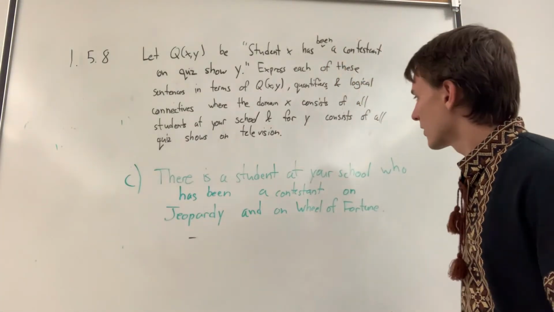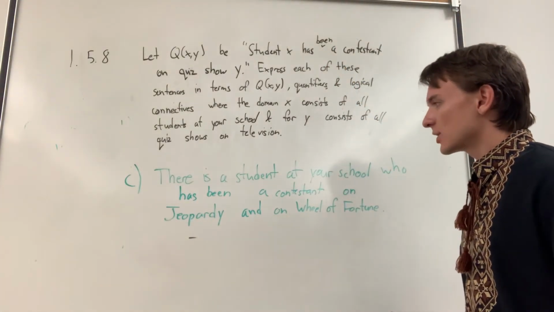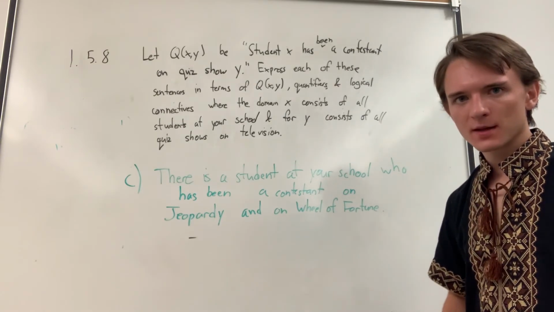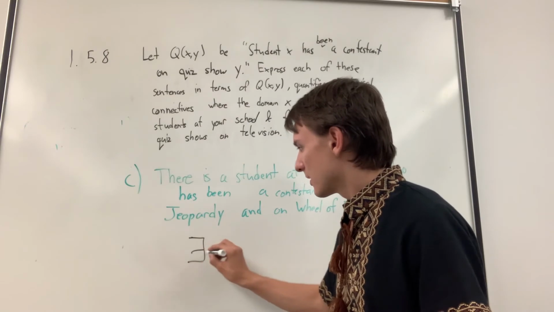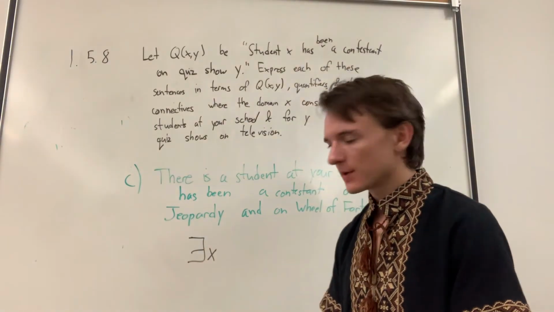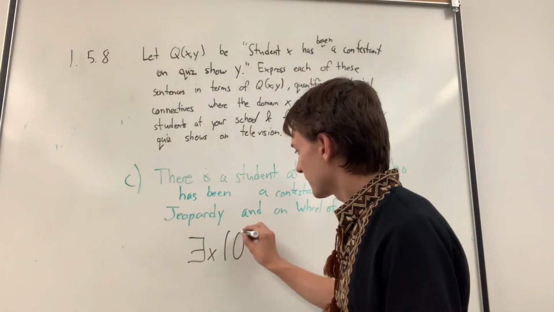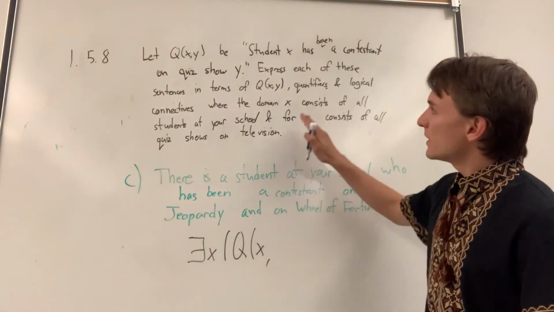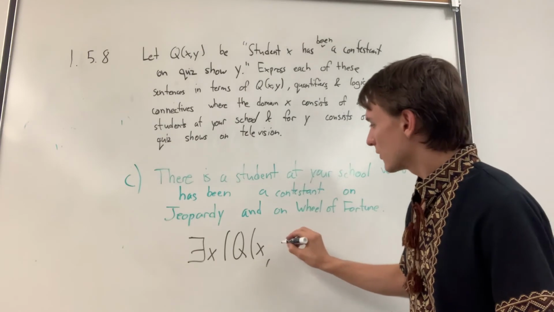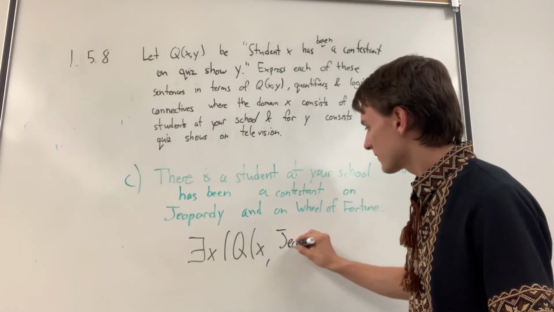There is a student at your school who has been a contestant on Jeopardy and on Wheel of Fortune. So again, the key word there is "there is", so there's an existential quantifier. There is a student. That student has been a contestant on the quiz show Jeopardy.